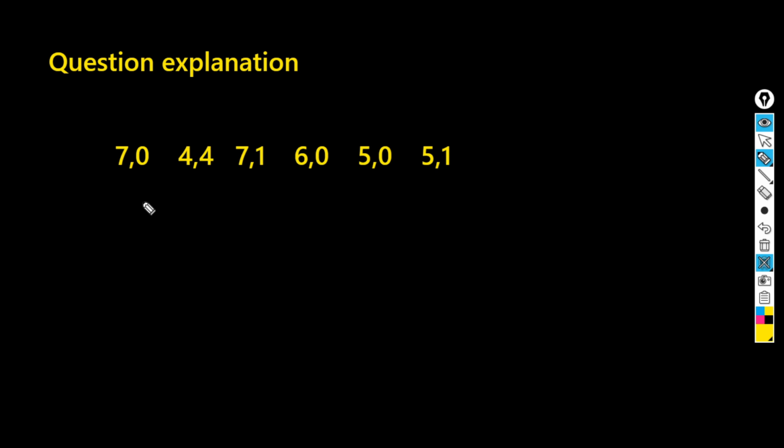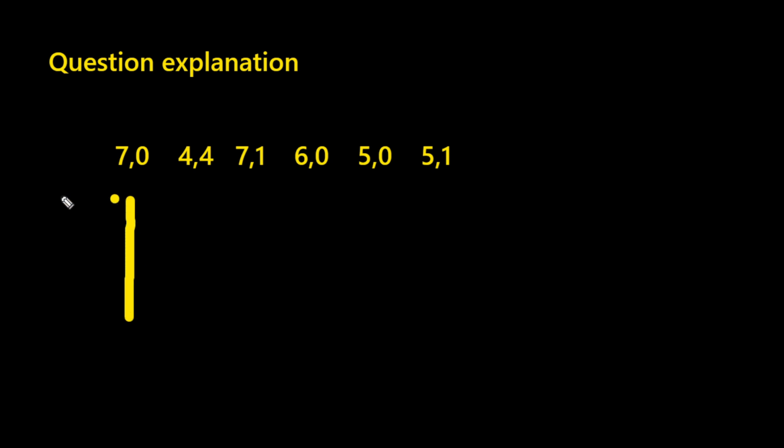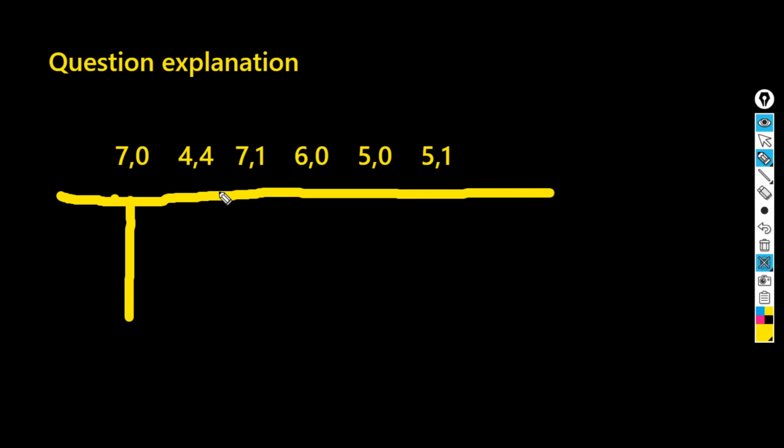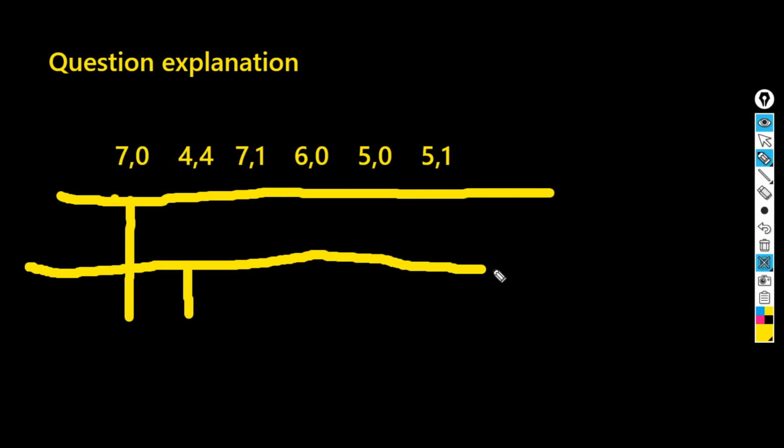What we have given are the indexes of the array. Suppose we have 7 with this height. Now at the second index we get 4. Suppose 4 has this height. Again 7. Now we have 6.